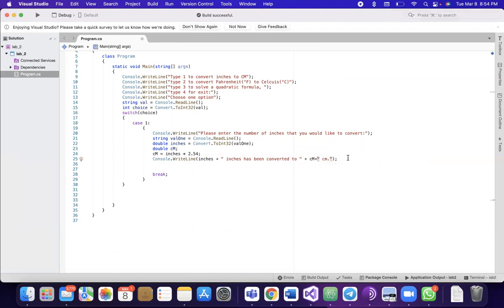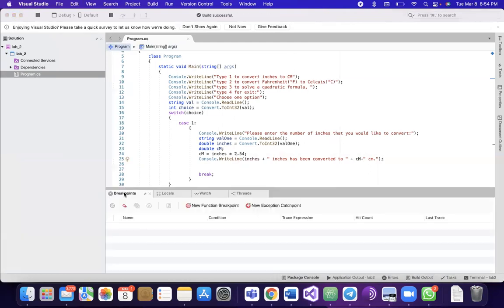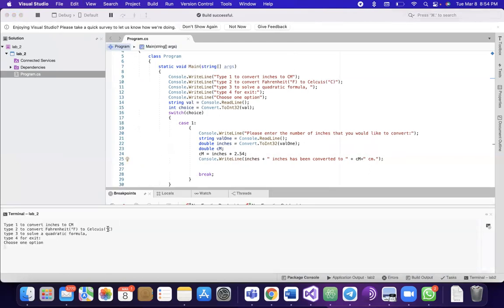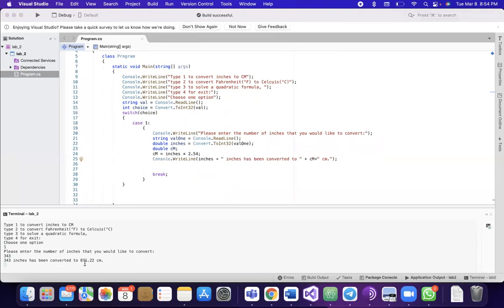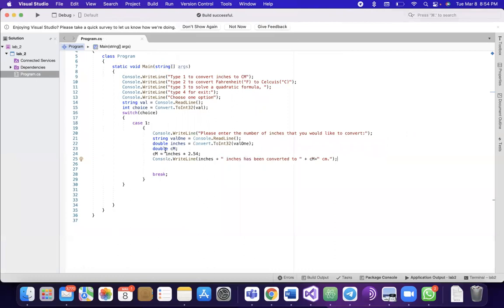Okay, so now let's try this code and see if it works. I think it will. Okay, so it says 87. Let's try it. Yeah, we got it right.